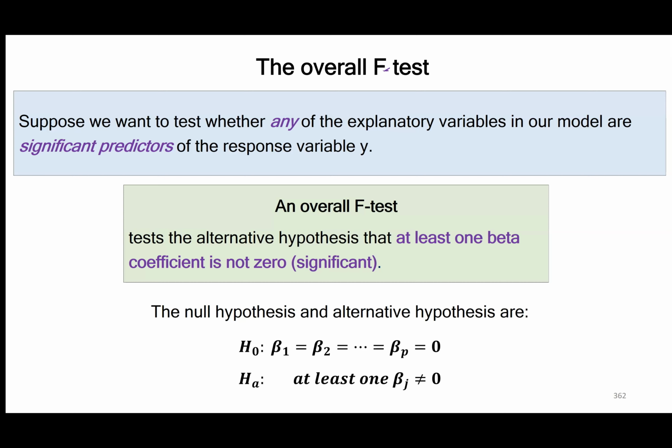So an overall F test tests that, hey, is at least one of the beta coefficients not equal to 0? So here is going to be the null. Beta 1 is equal to 0. Beta 2 is equal to 0.